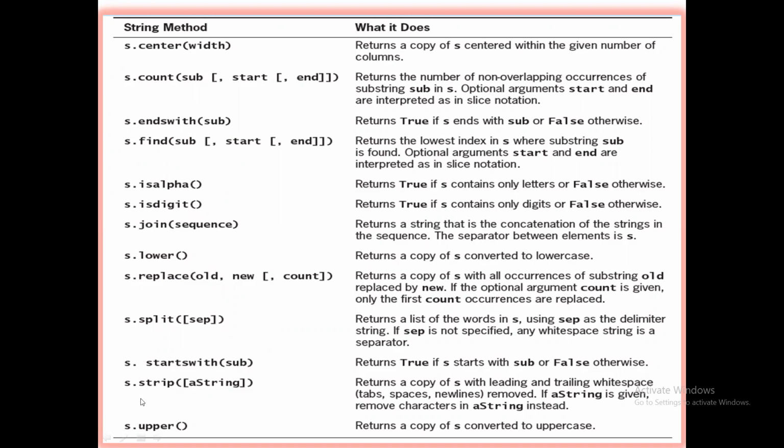Another important method is strip method. S dot strip followed by the string object simply returns a copy of the string with the leading and trailing white spaces removed. That means if the string contains unnecessary spaces at the beginning and end, you can remove those unnecessary white spaces by using this strip method.